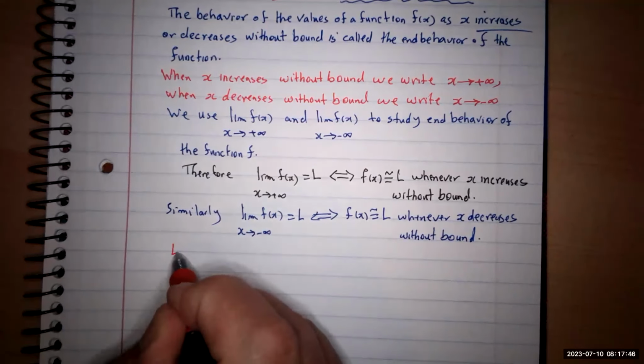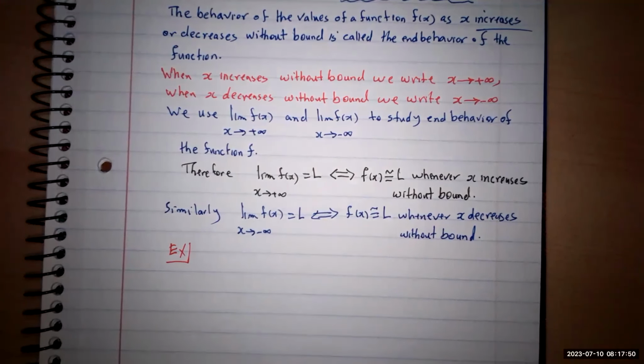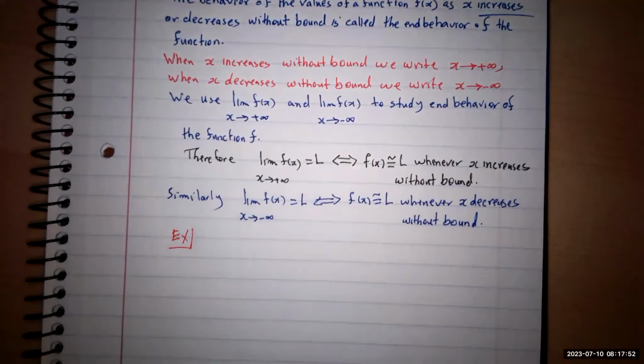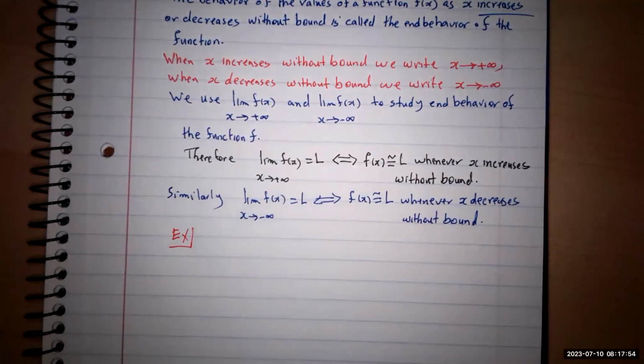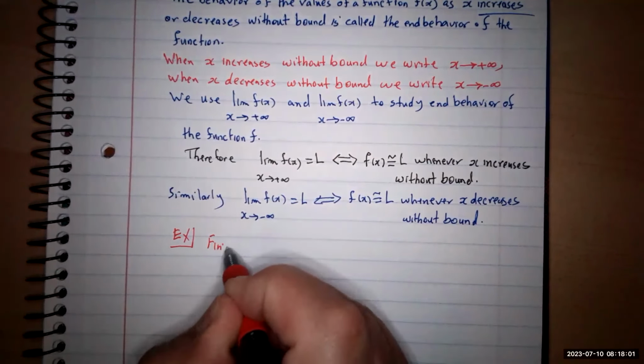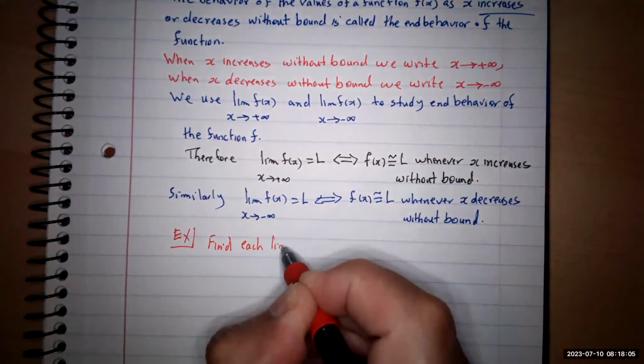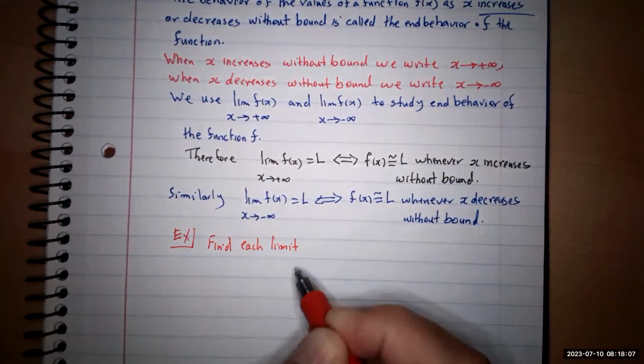So these are going to be the preliminaries. Let's say I get a couple of examples to be able to generalize it. We take care of the power function first. If you want to find each limit, that would take us to the polynomials, and this is what we need.